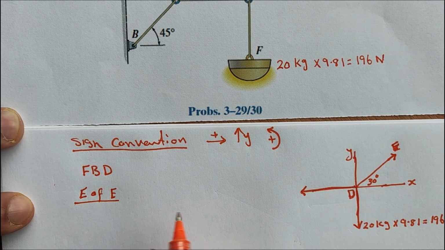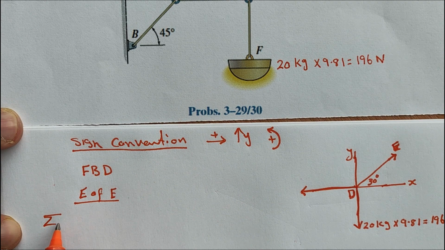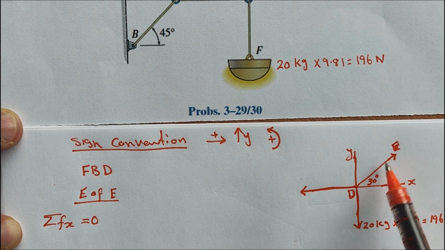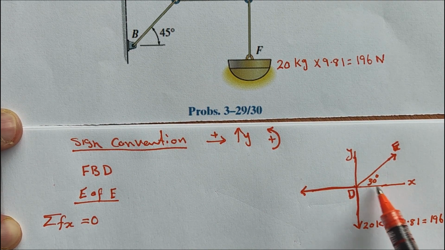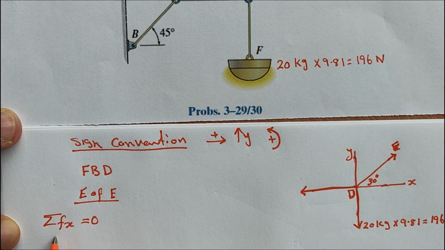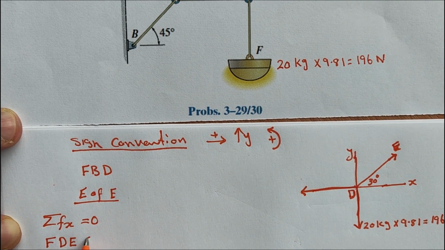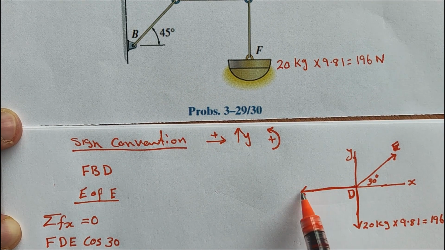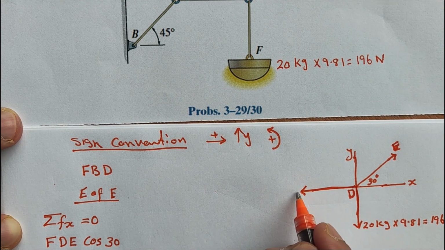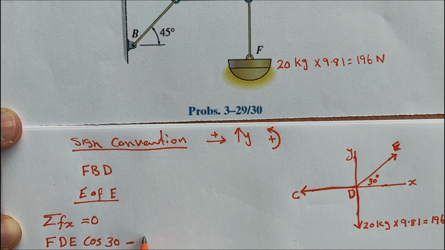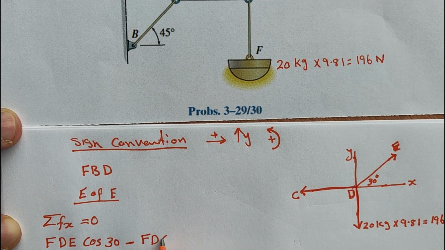Equations of equilibrium. Sum of the forces on the x-axis should equal 0. Starting with this one here, the x component of DE will be FDE cos 30, and on the negative x-axis here we have FDC, so minus FDC.